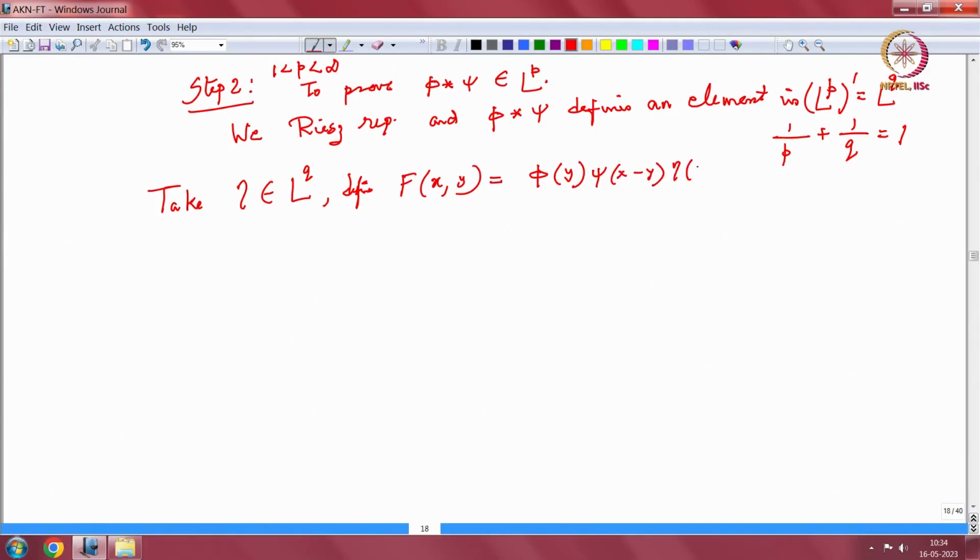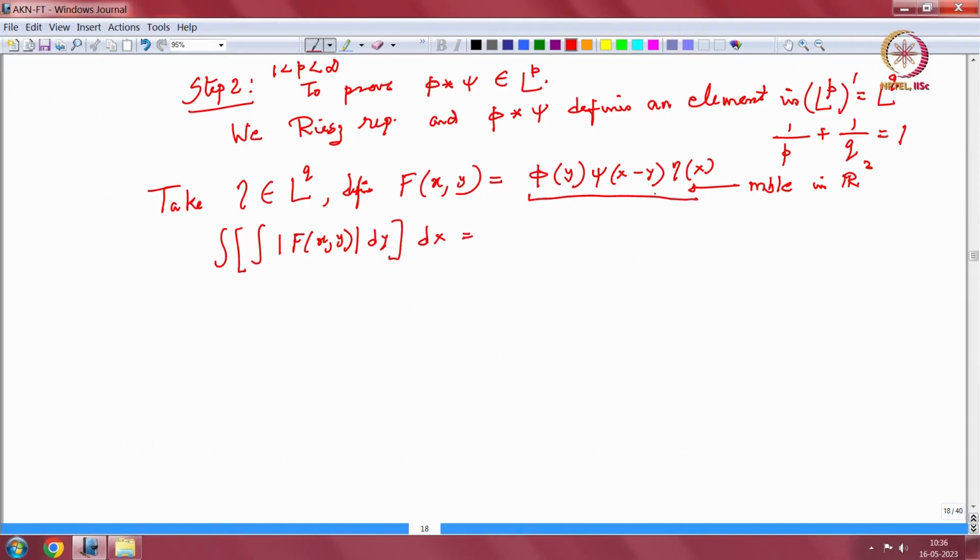Again this is measurable in R2, and we compute the same thing. We can always compute the double integral of the modulus of this. Once it is measurable for non-negative functions, you can define it with dy first and then dx.